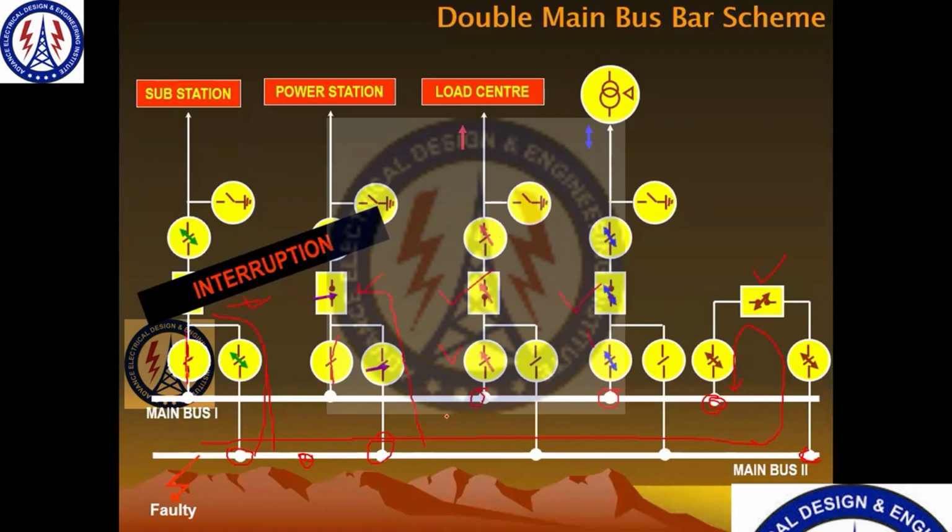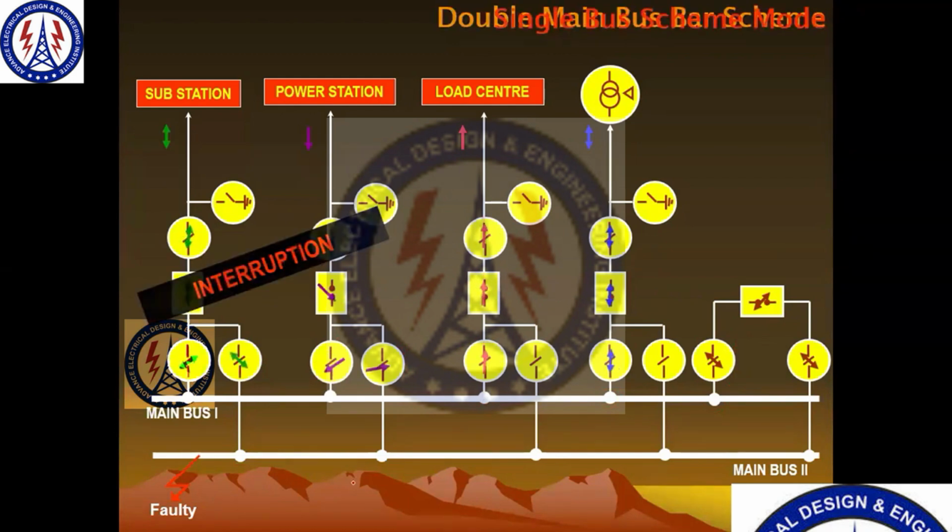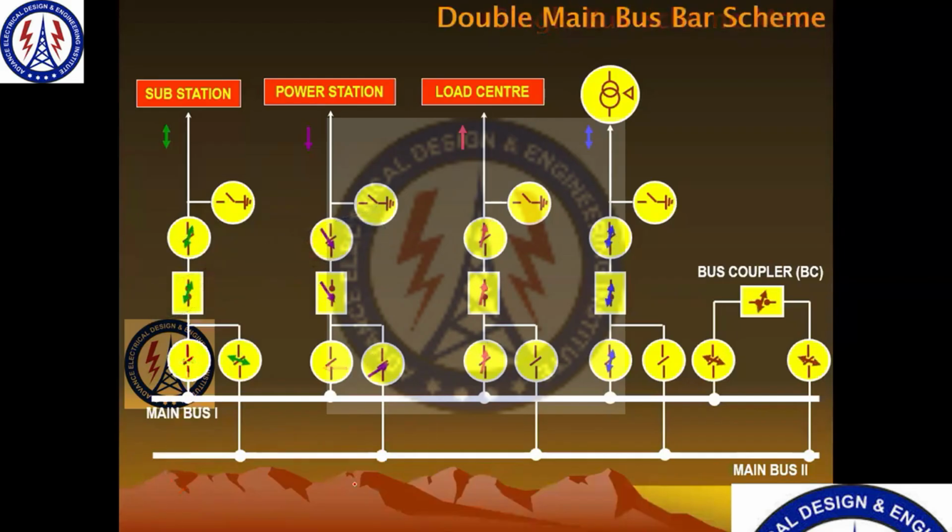So to protect the system, the bus coupler will be in a trip condition. This is how the system will work. Once you clear the fault, again the system will be in a healthy condition.